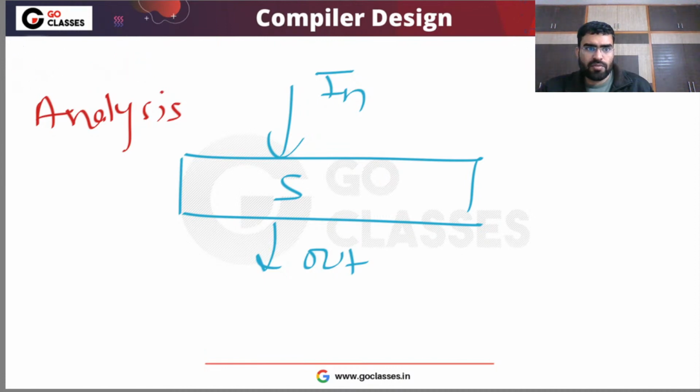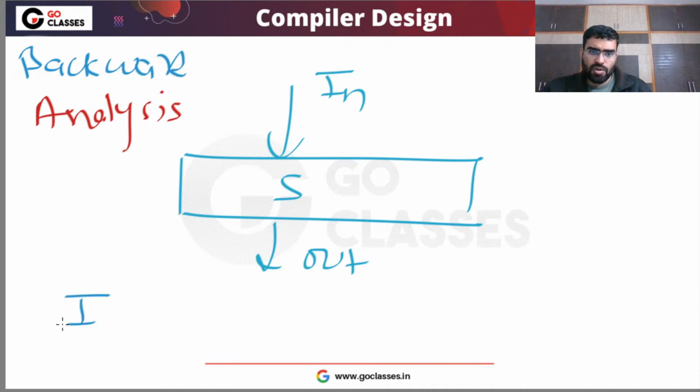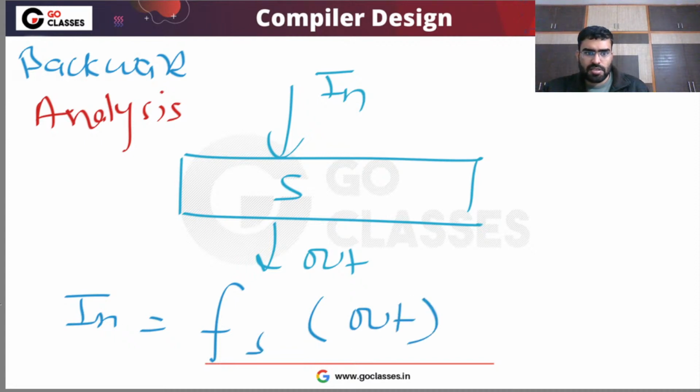And there is something called backward analysis. Here this in is found in terms of out comma S, and this is known as the transfer function.